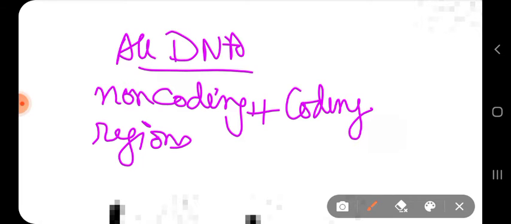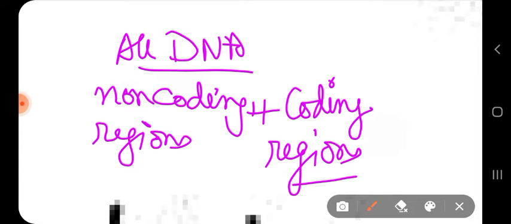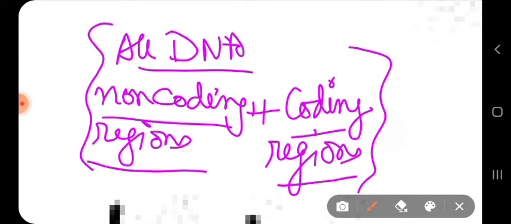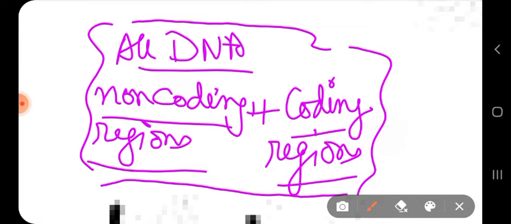So a genomic library contains both of these regions, but scientists have seen that some organisms have a very huge genome, so library construction in the case of a genomic library is rather difficult. So what they do is go for the cDNA library process.